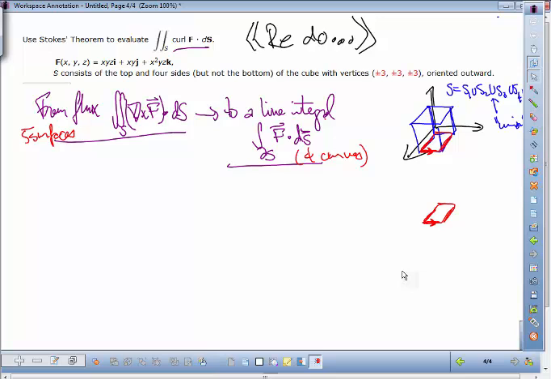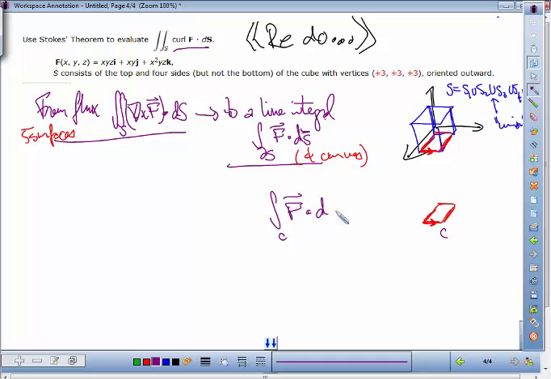Right? So let's rethink this problem over again. We have now a new problem where this is our curve C, and we want to know what this line integral is. Right? So, does anybody know where I'm going with this?